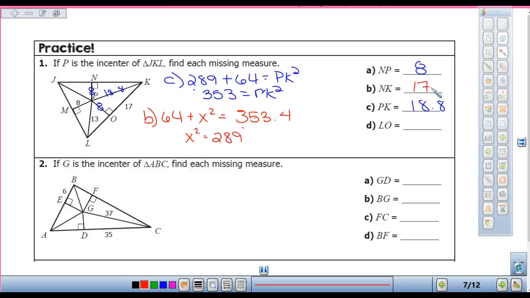Kind of. I like where you're going with it. Okay, so remember back on Monday, if this is an angle bisector, what do I know about these two sides? 17 and 17. So that's why it makes it 17. Okay, but we also found it using the Pythagorean theorem, so that's good.